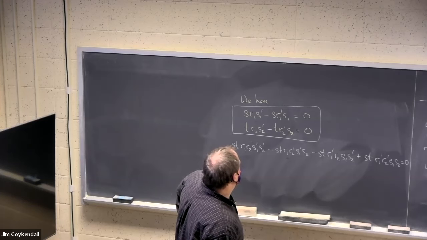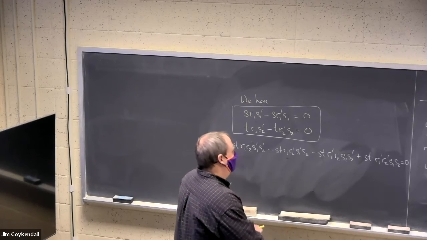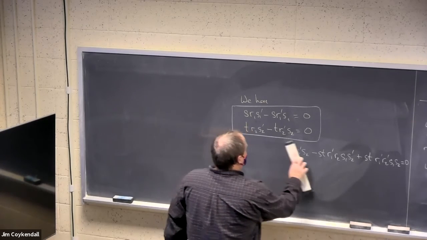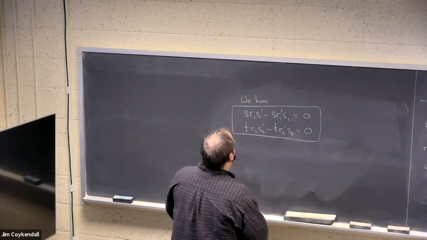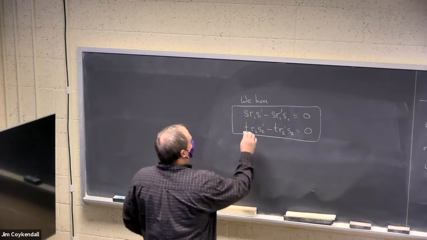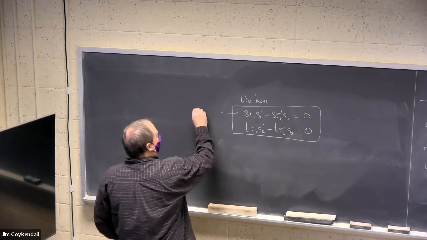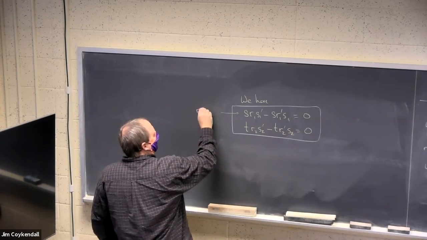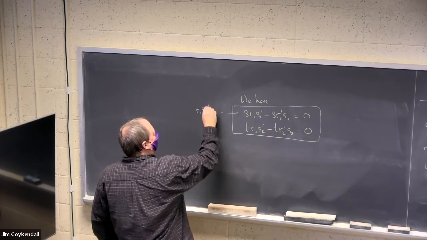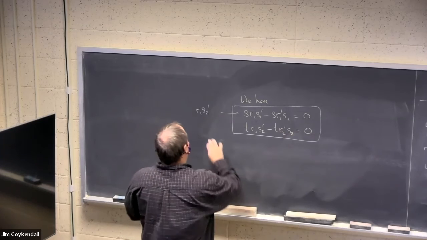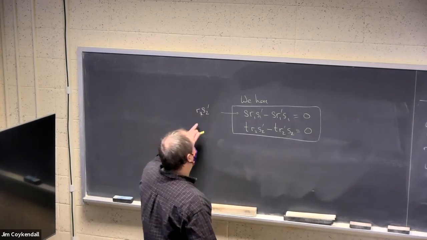I guess probably what I need to do here is, this is probably the wrong tack. Here's something that'll work better. Here's what I want to do. Let's multiply this one by, I guess, R1, R2, S2 prime.